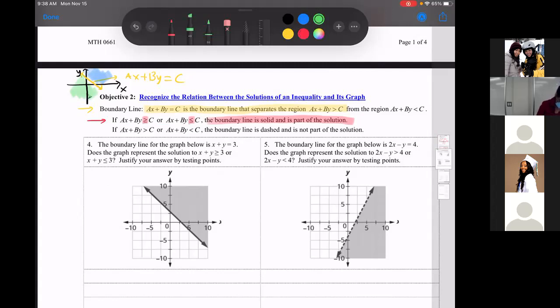If ax + by > c, so if you see greater than or less than with no equal sign, then the boundary line is dashed and is not part of the solution. Okay. I'll erase that part.